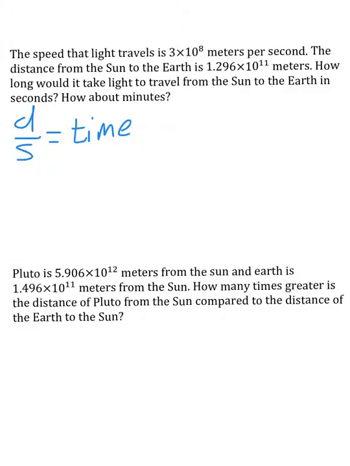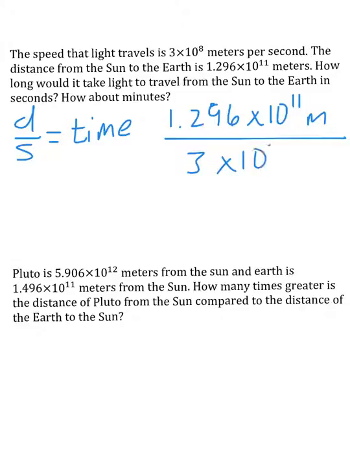So that's what we want to do. We want to take the distance, so we have our 1.296 times 10 to the 11th. That's in meters, right? We're going to divide that by our 3 times 10 to the 8th meters per second to get the total time in seconds.